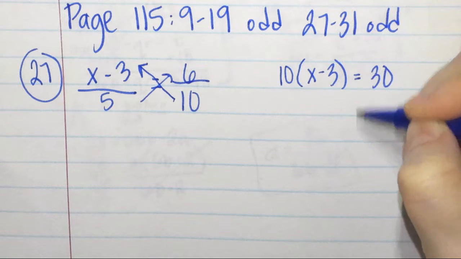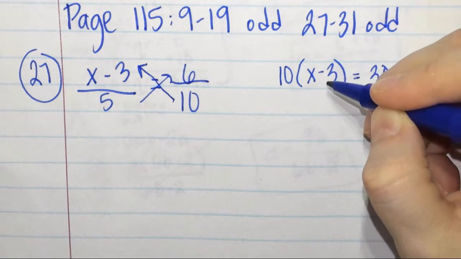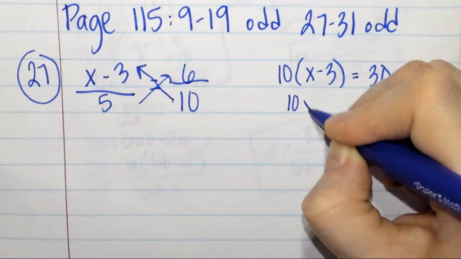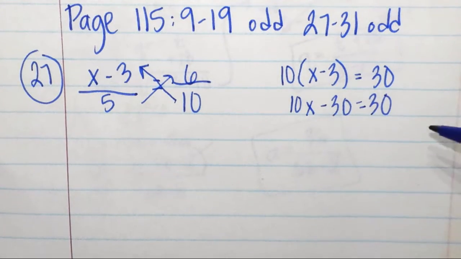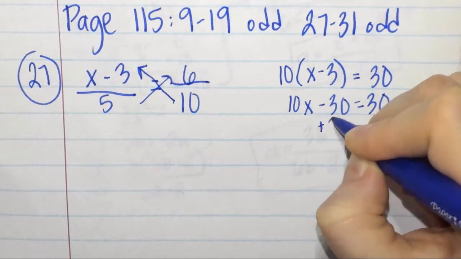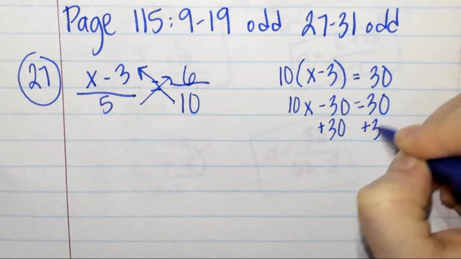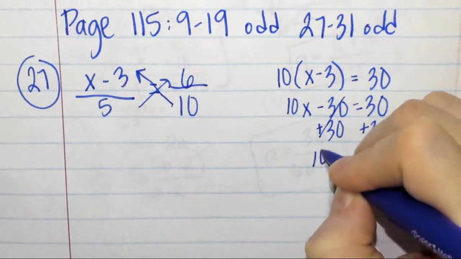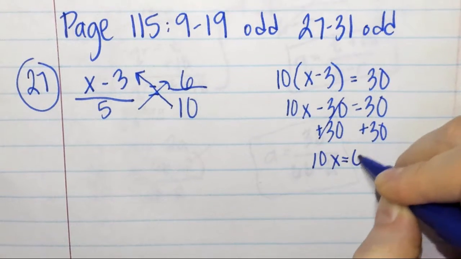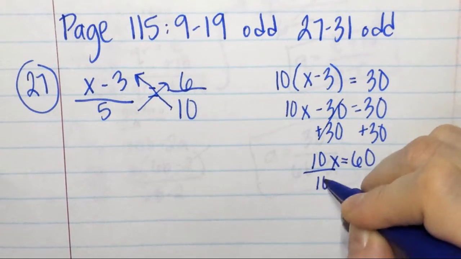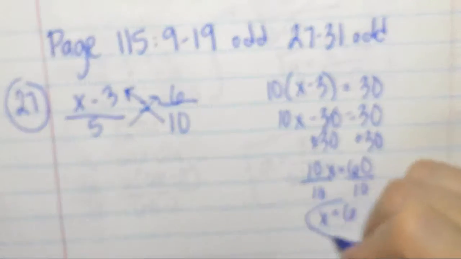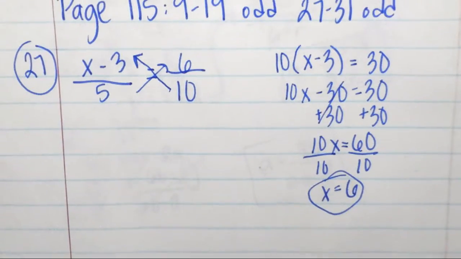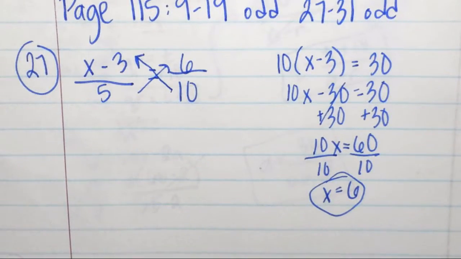So now to solve this, I'll do the distributive property. 10x minus 30 equals 30. And then I add 30. 10x is equal to 60. And divide by 10. So x is equal to 6. Okay, that one okay?